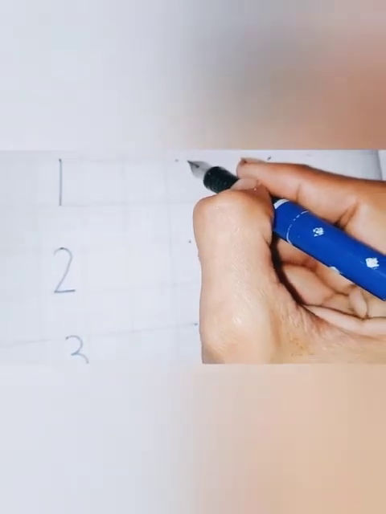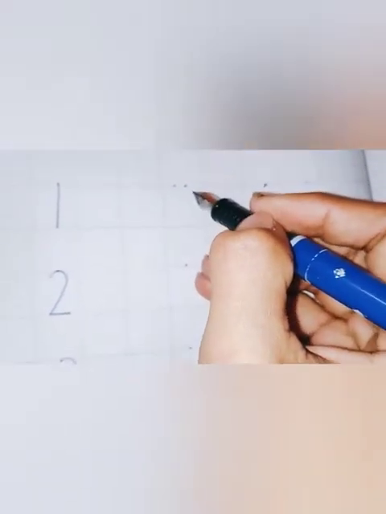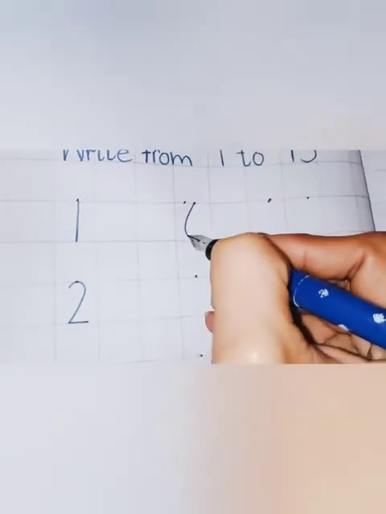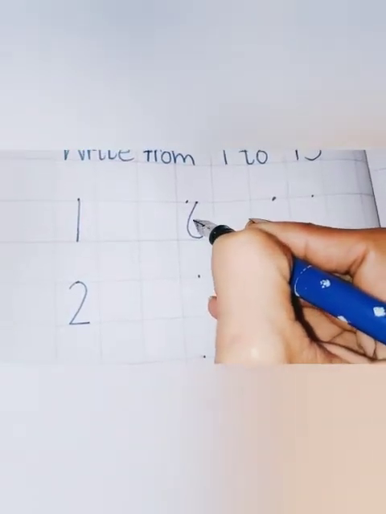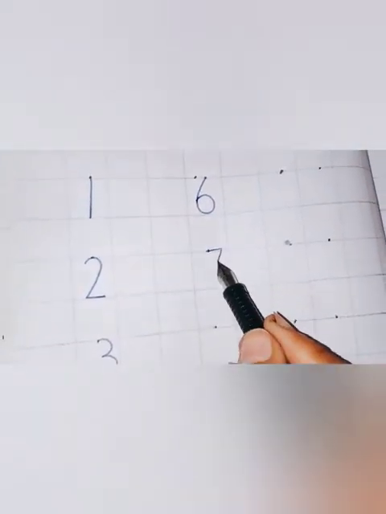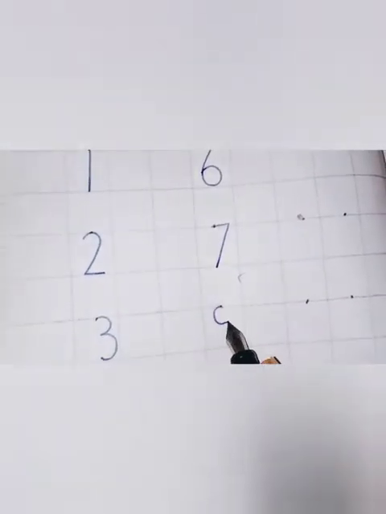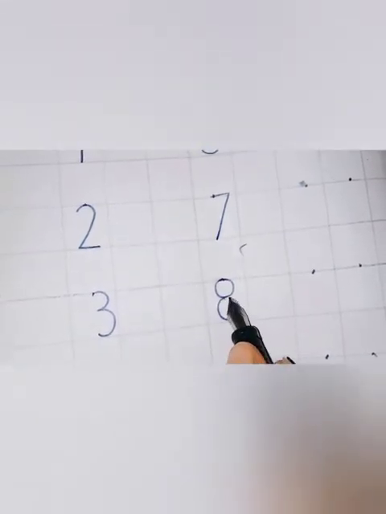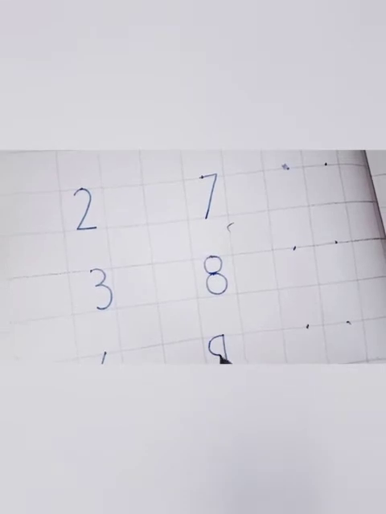This dot is out, so we are making here a new dot and slanting line and half circle, it's number 6. Straight line and slanting line, number 7. Making a circle and other circle joining it, making a straight line, and from this side we are making a curve.